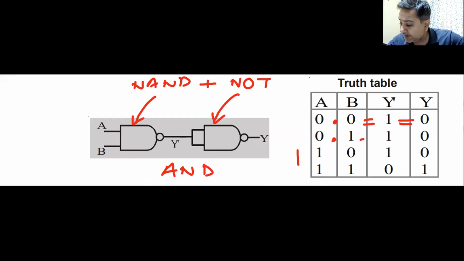I reverse, I get 1. I reverse again, I get 0. 1.0 is again 0. The reverse of that, through the NAND gate, is 1. The reverse of that is 0. 1.1 is 1. The reverse of that is 0. The reverse of that is 1. Do we understand this? Understood, sir. I'll give you 1 minute to note this down.